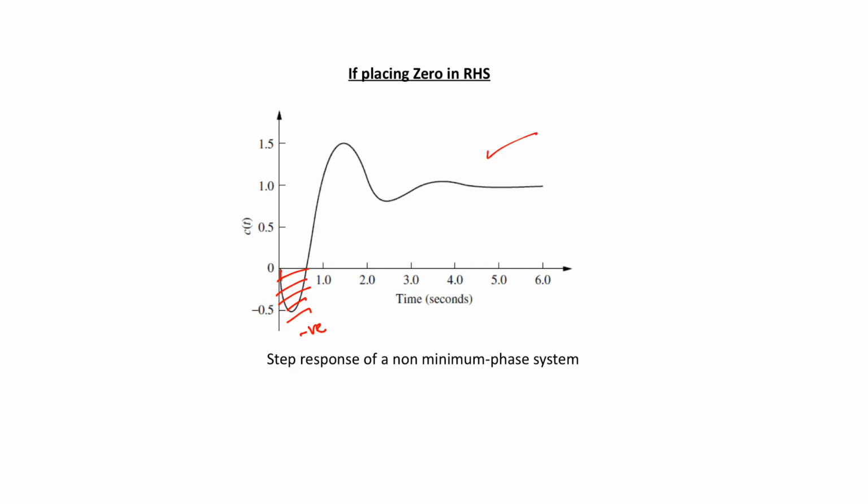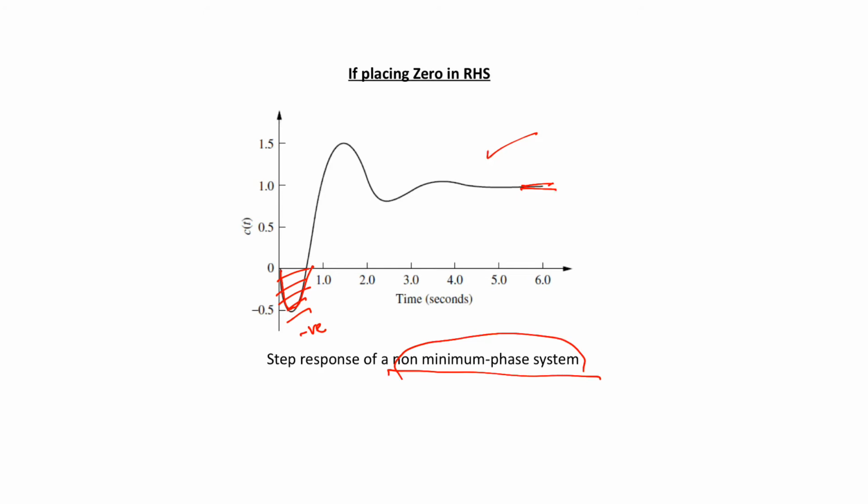So initially the response is negative even though the final value, the steady state value, is positive in this case, and a system that exhibits this phenomenon is known as a non-minimum phase system. For example, let us suppose that we have a motorcycle or airplane that is a non-minimum phase system.